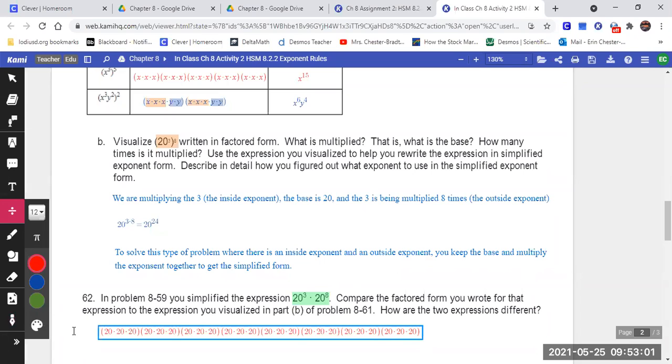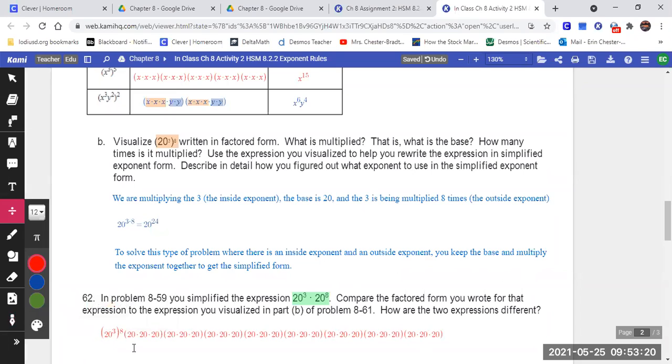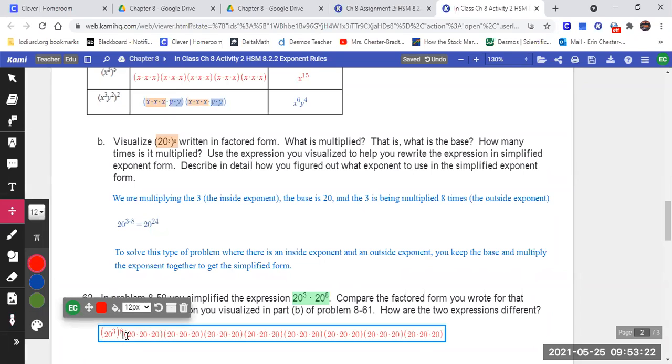So this is the expanded form of, I'm going to put in the front right here, parentheses 20 to the third. You have to arrow off the 3 to do the parentheses and then do the to the 8. Okay, so that's the expanded form of that one.